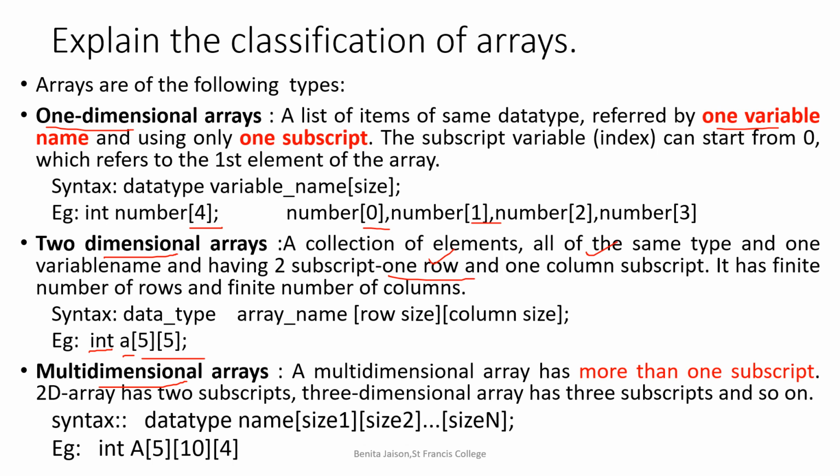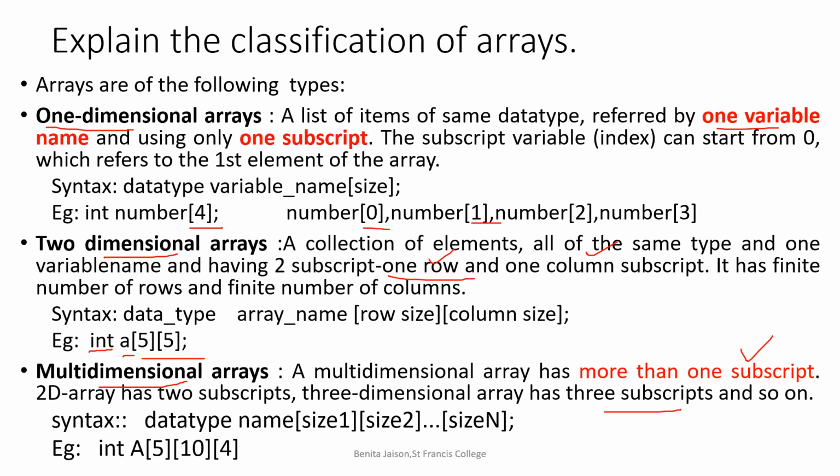Now, what is a multi-dimensional array? Multi-dimensional arrays are those arrays with more than one subscript. So here you can see that a two-dimensional array also falls under multi-dimensional array. For a three-dimensional array, obviously it will have 3 subscripts, right, and so on. If it is a 4-dimensional array, it will have 4 subscripts.